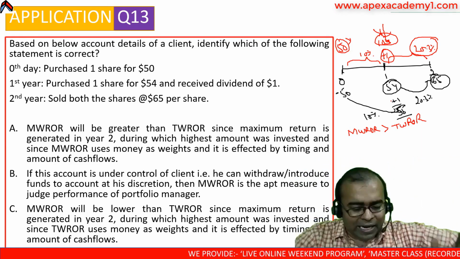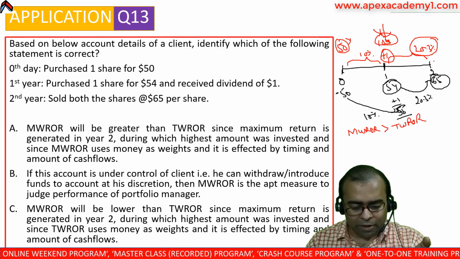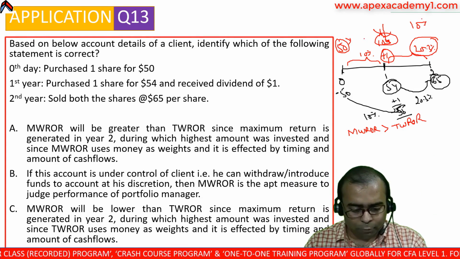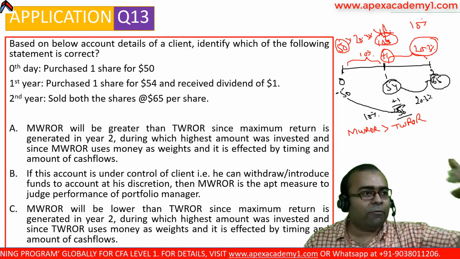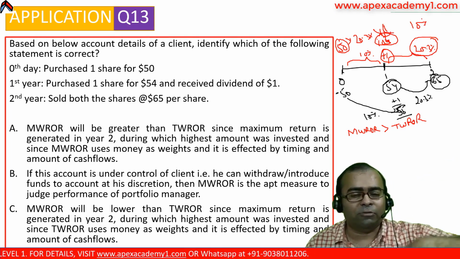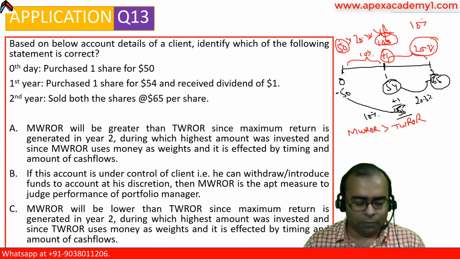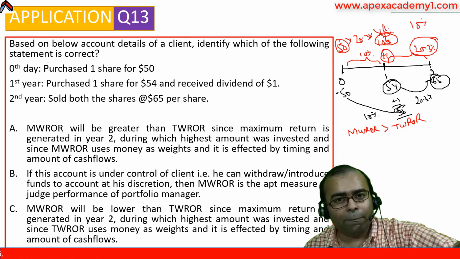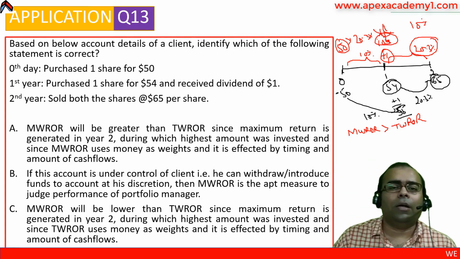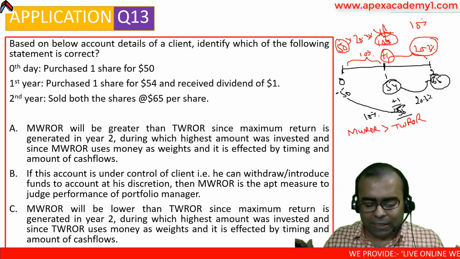While if we flip the returns, applying 10% here and 20.3% there, then the maximum investment was followed by a period of lower returns compared to the previous period of the same account. My return is going to dip, and MWROR is going to be lesser than TWROR. This is the entire basic logic.